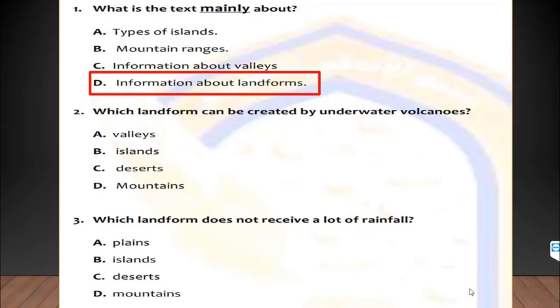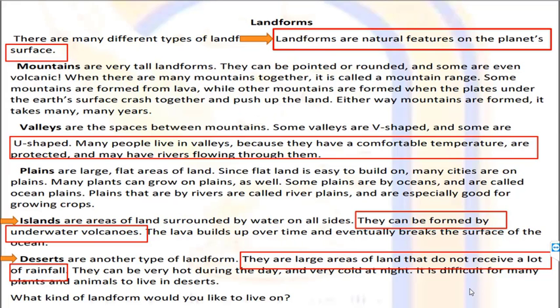Now for the second question, which landform can be created by the underwater volcanoes? This is a type of scanning task. We've got to go back to the text and find out the answer.